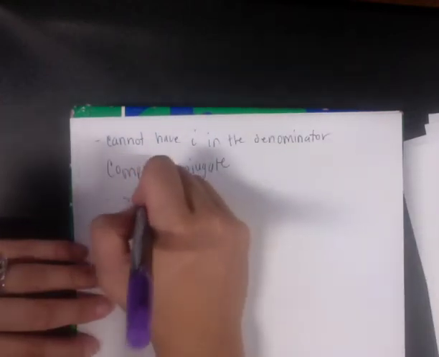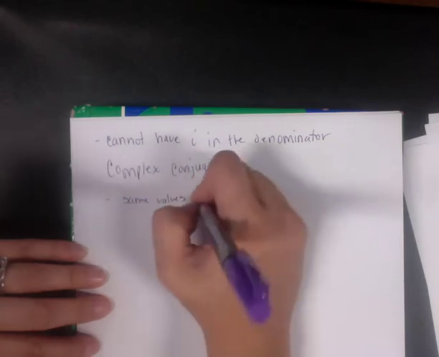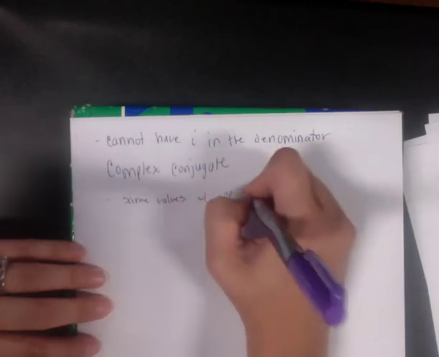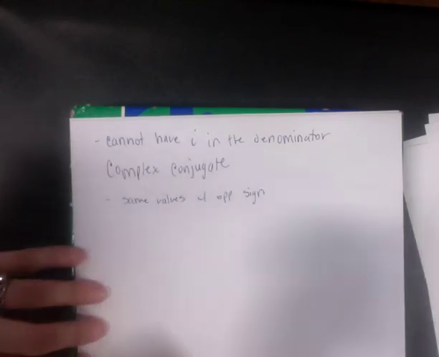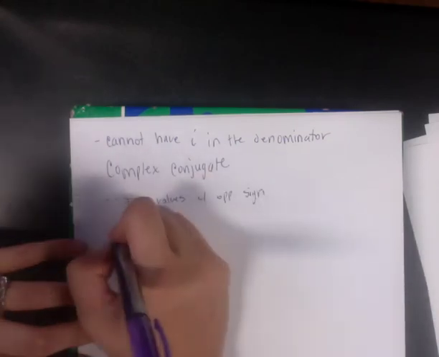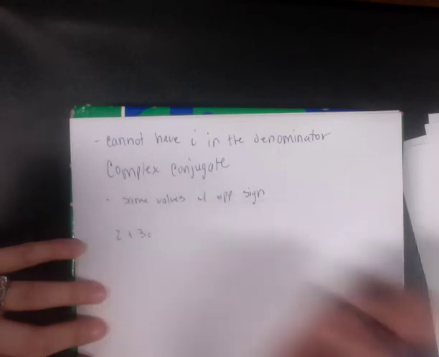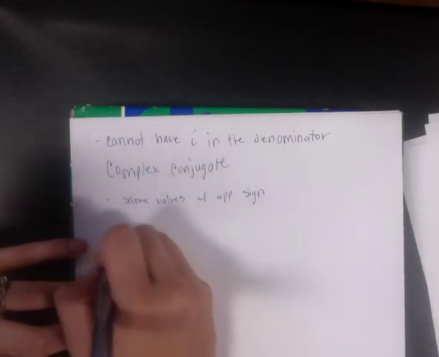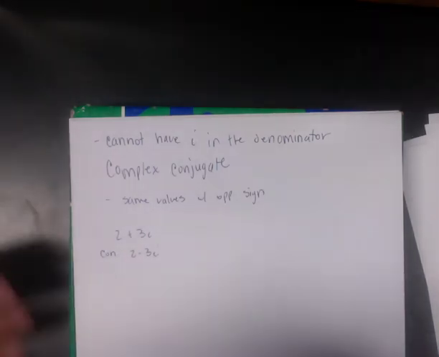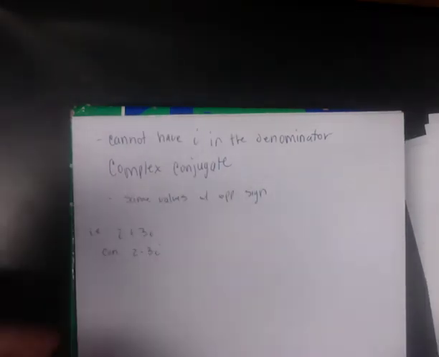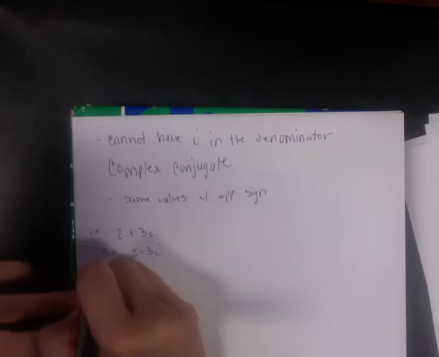It has the same values with opposite sign. And we multiply the top and the bottom by it. Now, this is an example of a complex conjugate. If I had 2 plus 3i, my conjugate is 2 minus 3i. Okay? So let's do an example.